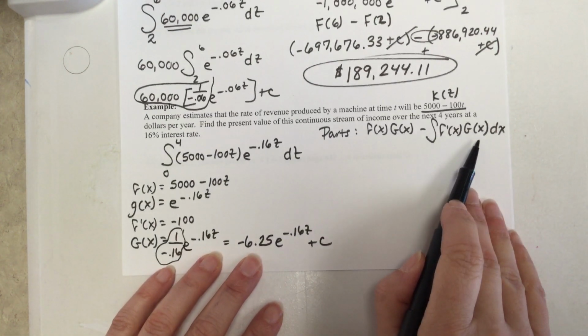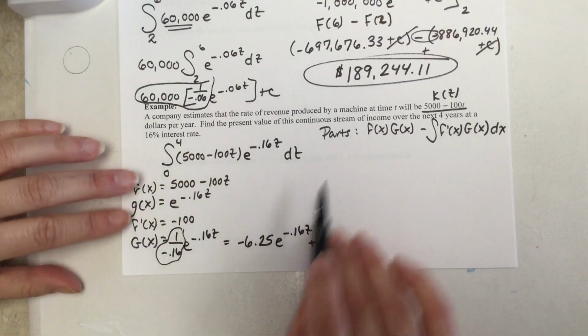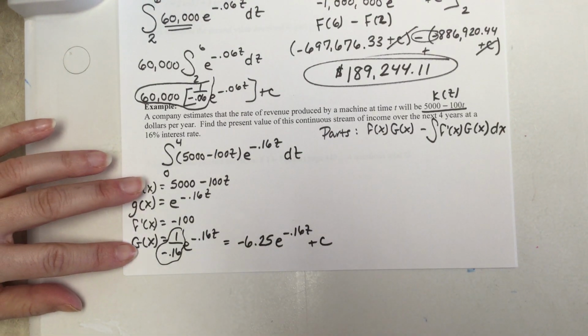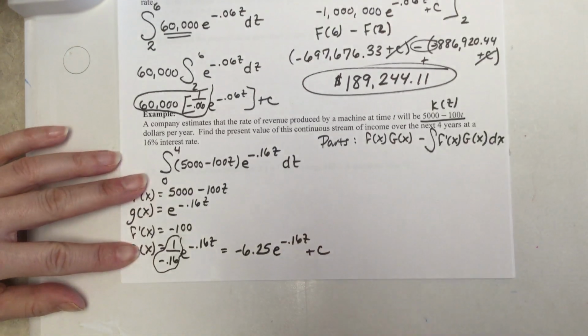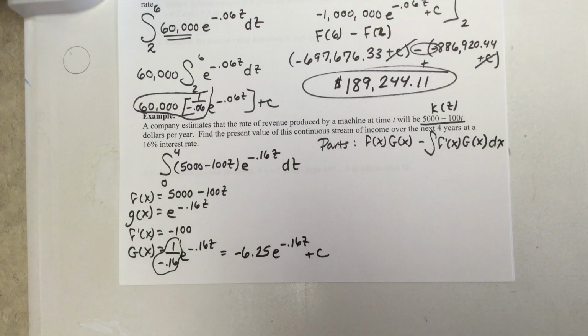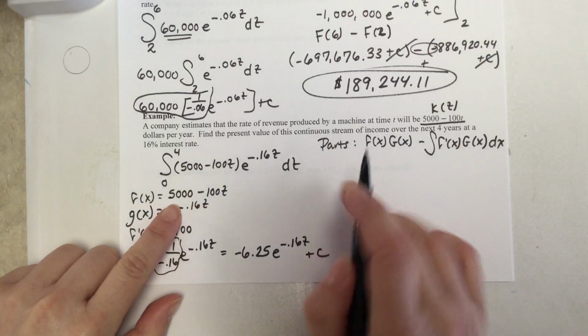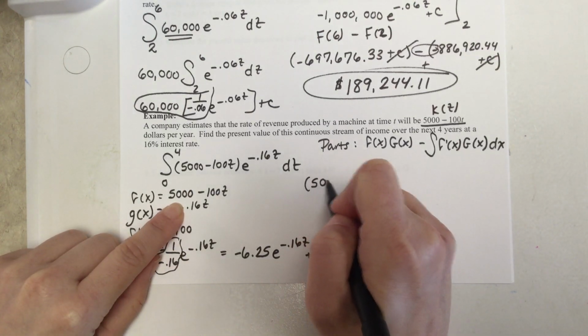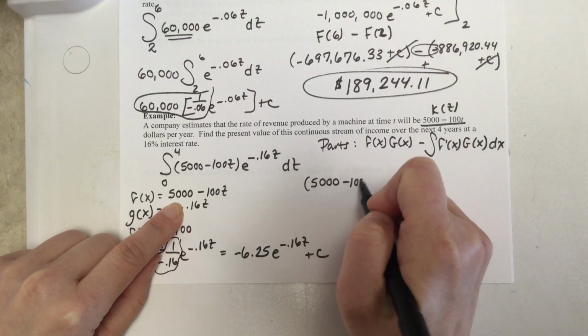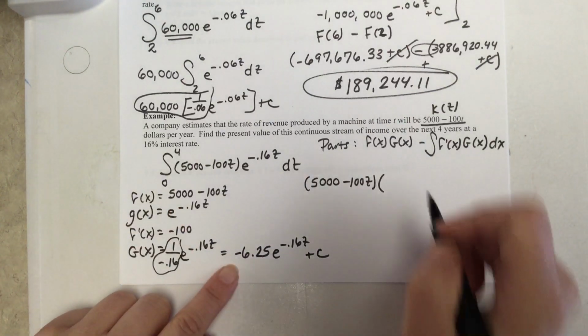Now I got to go ahead and do my integration by parts. Again, I'm not going to try to make this thing look pretty. I'm going to keep it as 2 separate pieces. Like the last section, 9.3, I had the one that was kind of crazy like this. I'm just going to do this the same way. So f of x, I'm just going to keep it 5,000 minus 100t. I'm not going to worry about trying to combine them.